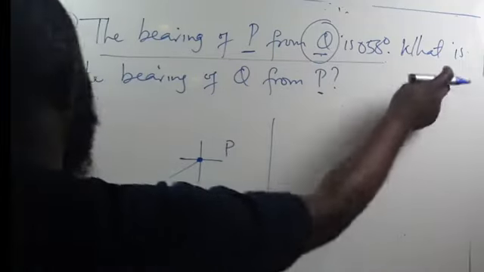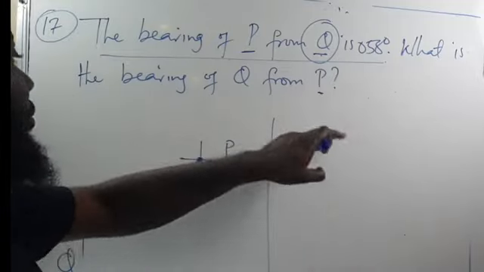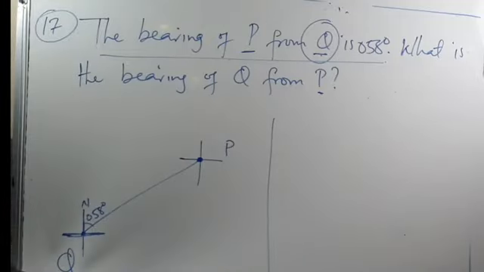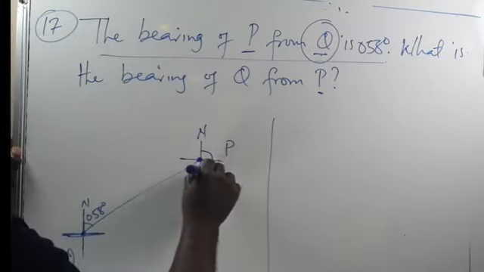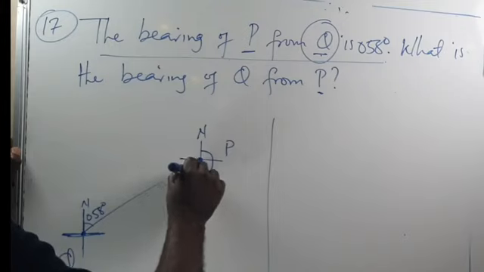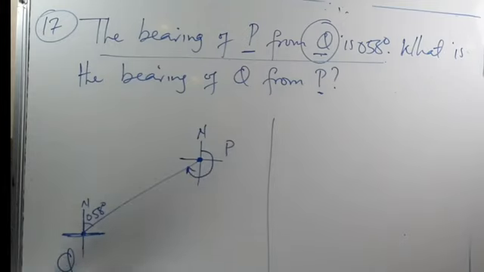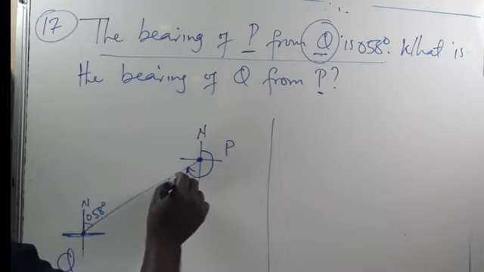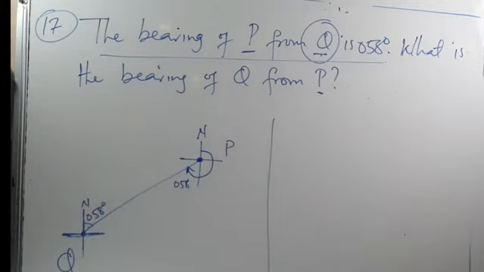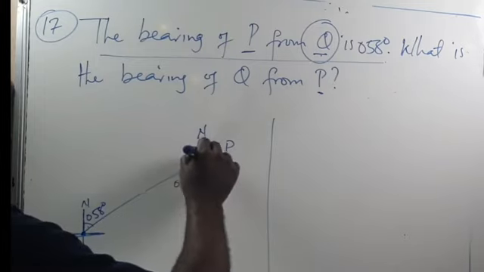Now the question: what is the bearing of Q from P? So you want to get the bearing of Q from P. That's where you start from. So the north is the north pole. You move from this north pole clockwise to the line that will lead you toward Q. In that case, this angle here and this angle here are the same, alternate angles. So if that is the case, I want to calculate the total angle from here to this place.